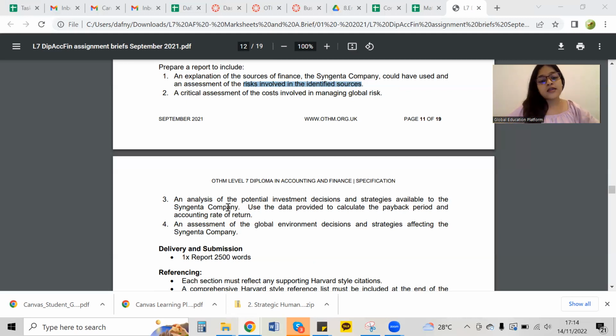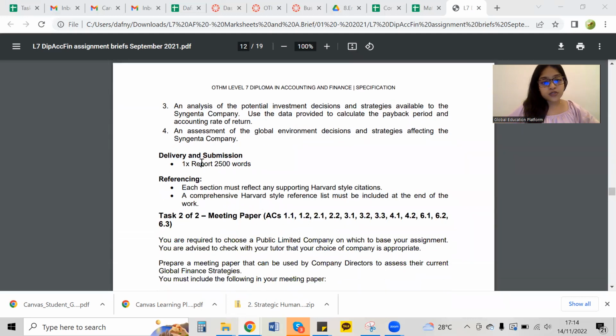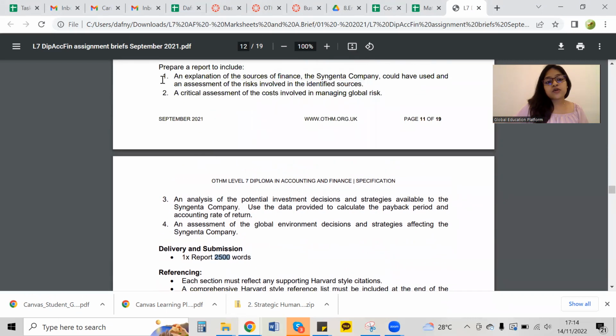So here the report should have a count of 2,500 words. It can go plus or minus 10%, not more than that or less than that. And all of the four sections, you should basically cover in 2,500 words. If you're adding an abstract, it doesn't count to the word count, and your references don't count.